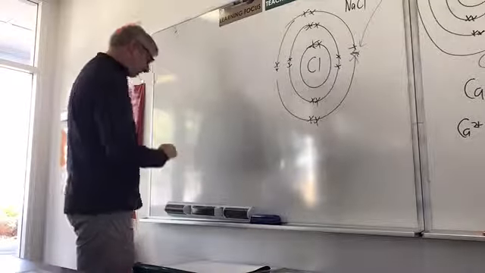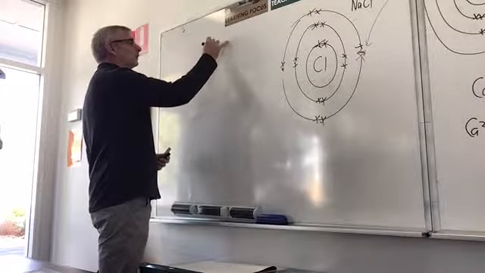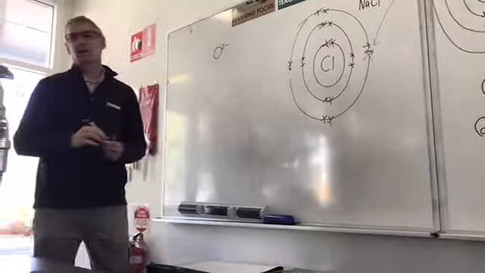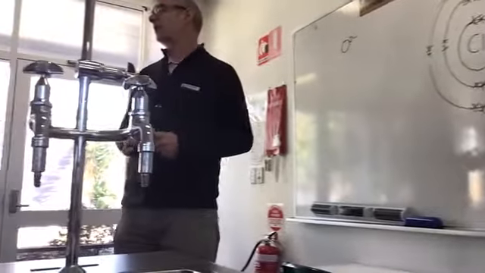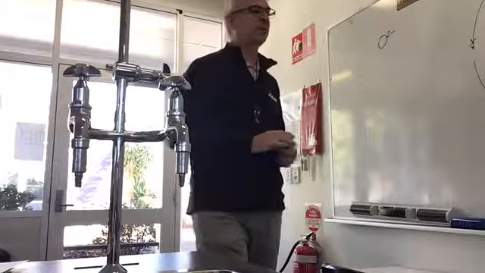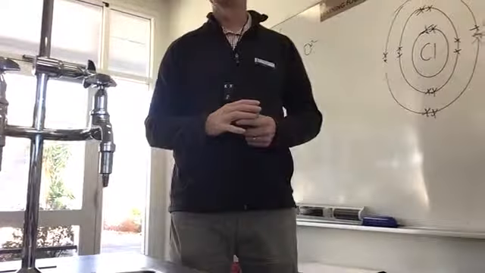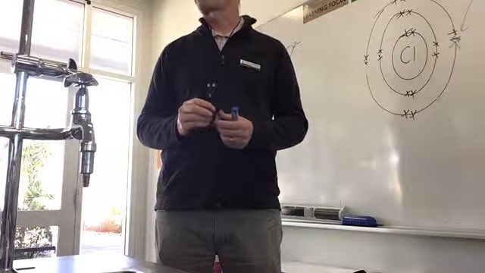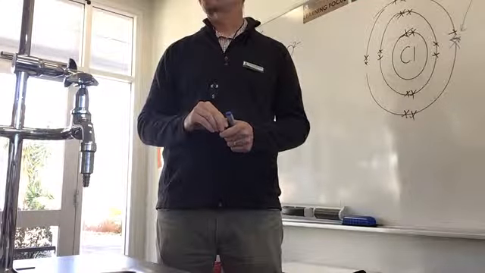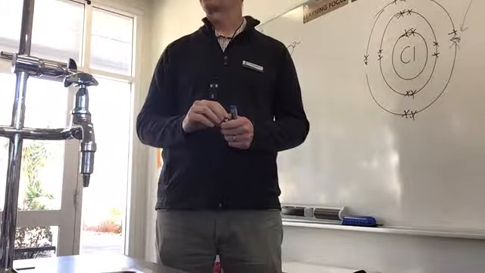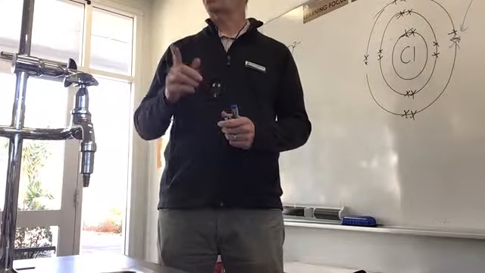So if we've got an oxygen, which is 2 minus, if it bonded with an aluminium, what would the charge be on an aluminium ion? Plus 3.